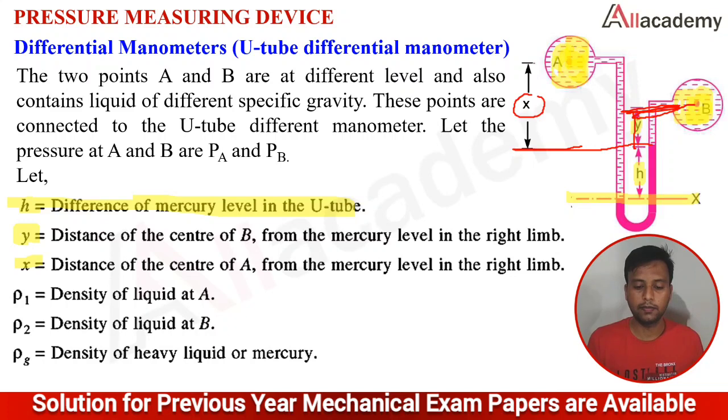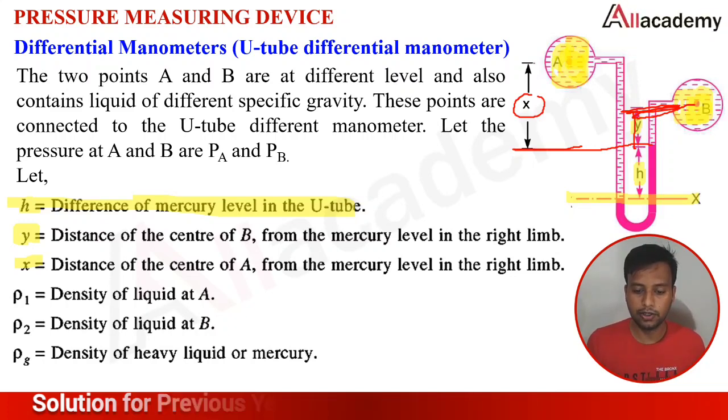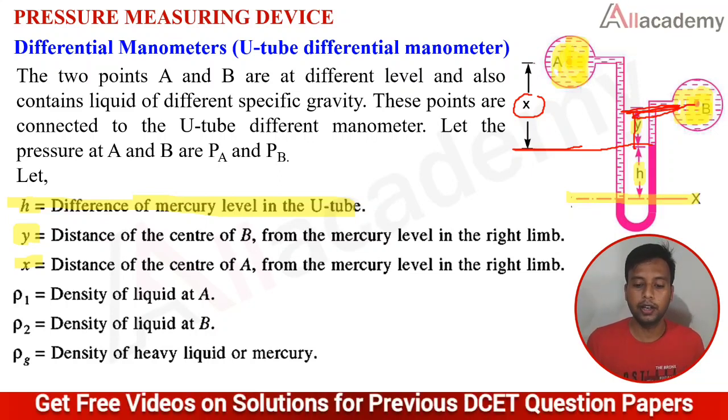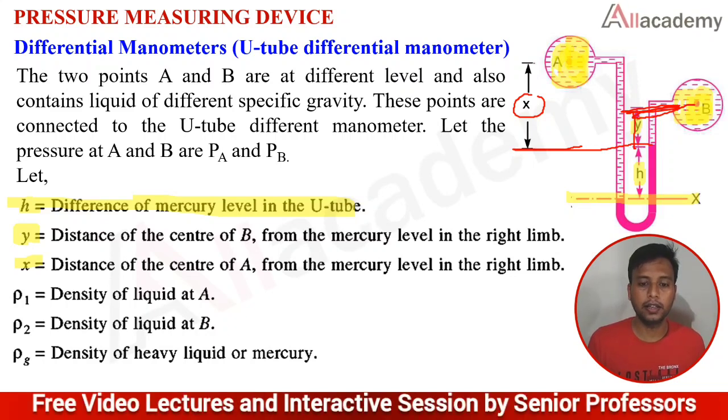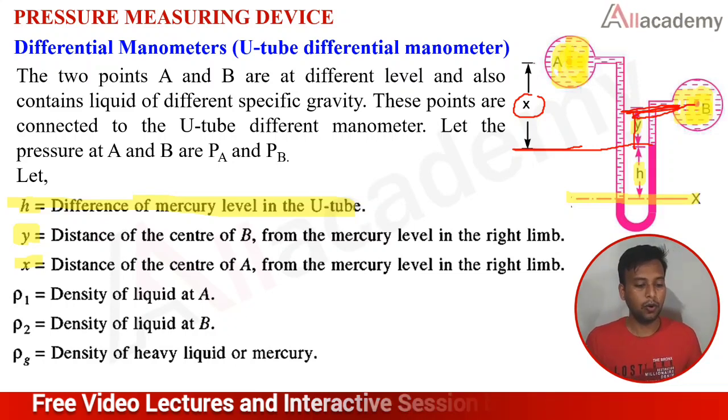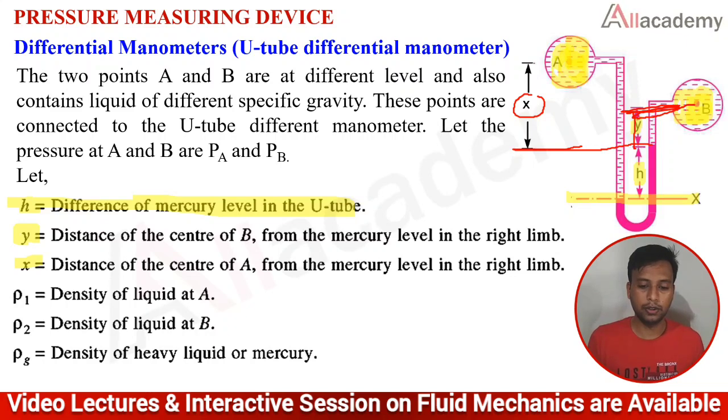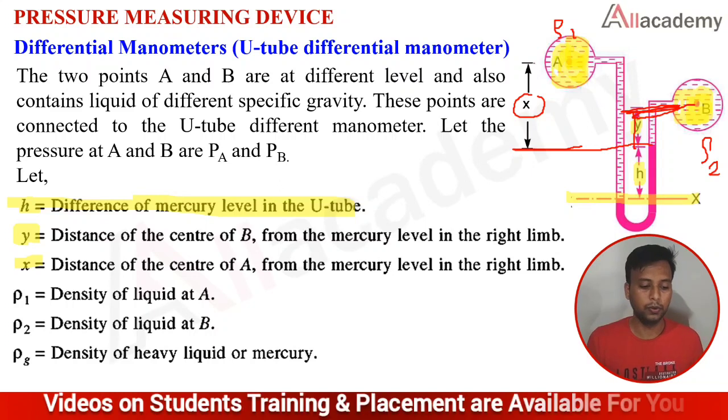So these are the parameters you need. One is h, the height of mercury from the datum line. y is the distance from the center of the point with unknown pressure to the mercury level, and x is the distance in the left limb with respect to the mercury height. Now ρ1 is the density of the fluid in the left limb, ρ2 is the density of the fluid in the right limb, and ρg is the density of mercury.